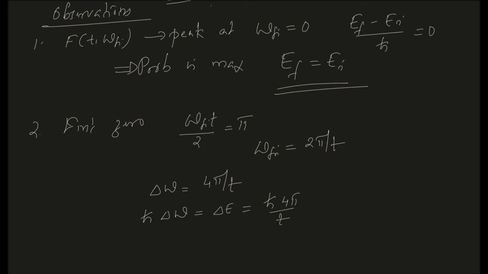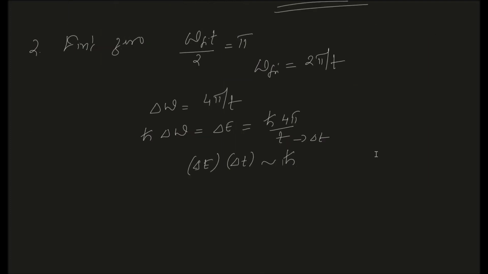If we take the time as Δt, the time interval during which the perturbation has been turned on, the time interval of perturbation acting on the system, then you can write ΔEΔt is approximately of the order of ħ on the right hand side. So this is in accordance with the uncertainty principle.